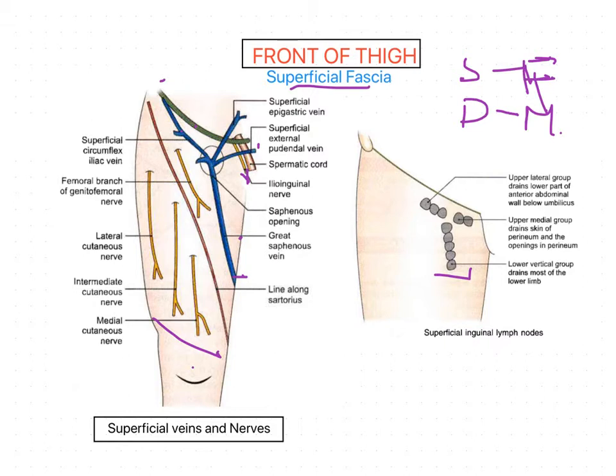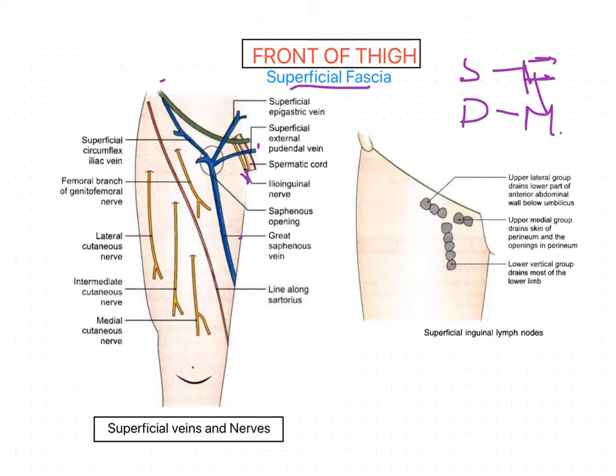Okay, now we will see the cutaneous nerves. We have already discussed the lumbar plexus, isn't it? Yes, and its branches. The skin of the front of the thigh is supplied by the cutaneous nerves derived directly or indirectly from the lumbar plexus.